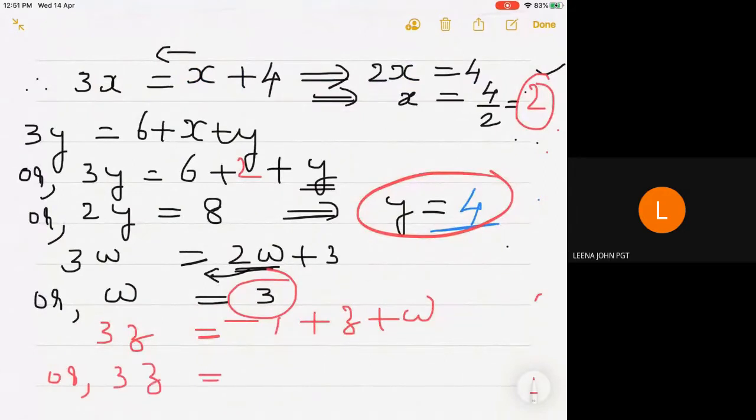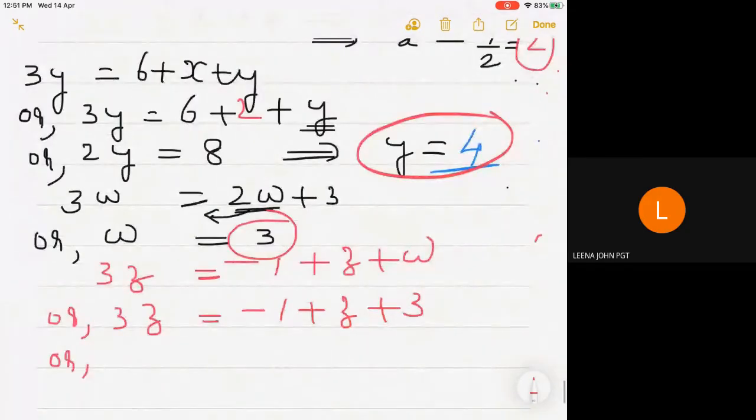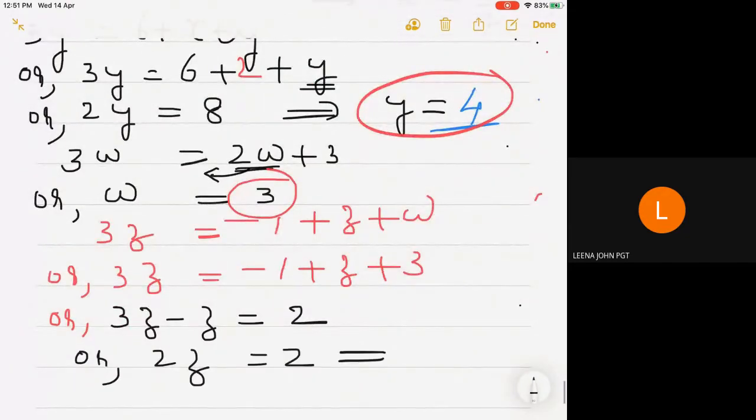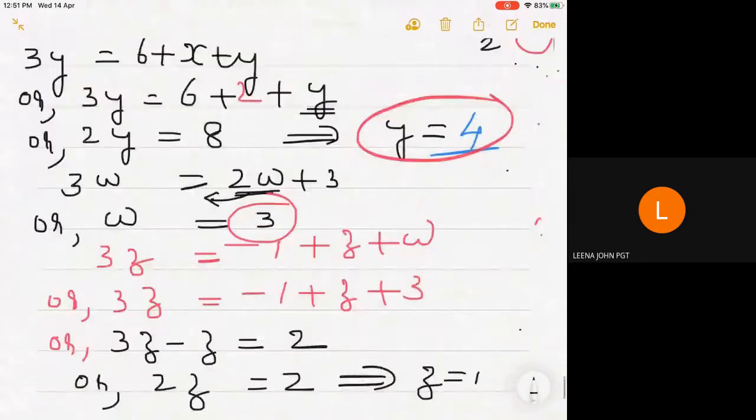So you'll get 3z equal to minus 1 plus z plus 3, and on simplification, z taken to the left side, you will get 3z minus z is equal to 2, or 2z equal to 2, that means z equal to 1. So all the four values we got.